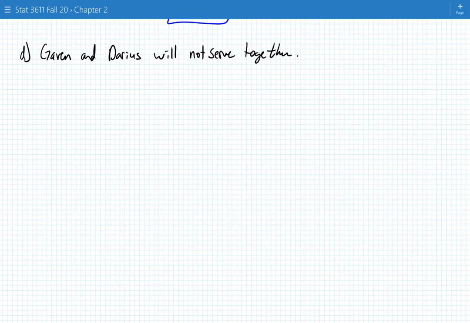So, one of the potential disjoint cases is Garen serves, but Darius doesn't. But not Darius. Okay, and then we can count that.